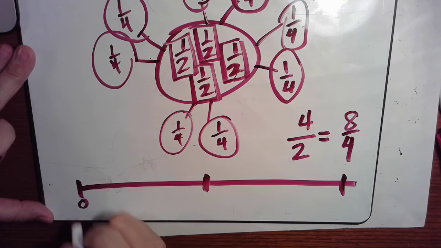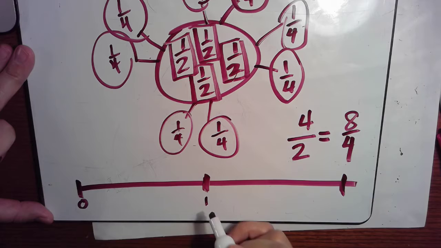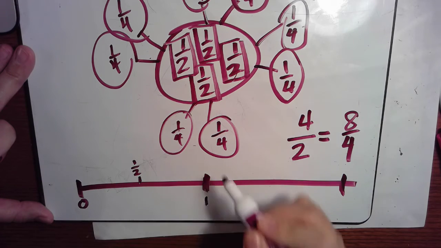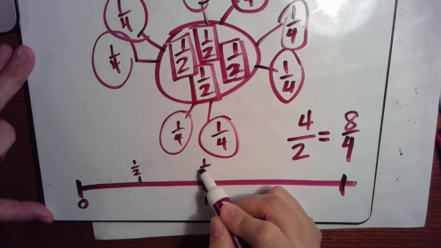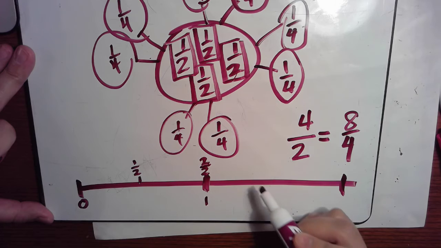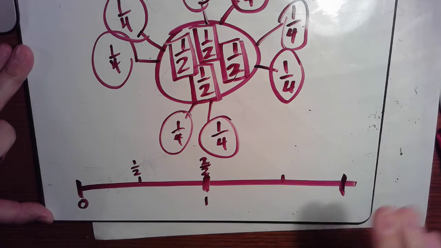Here's 0. And I'll do the halves. So if this is 1, then this is 1/2. And another jump of a half. Well, I guess that would be 2 halves. And let me erase this just for a minute.